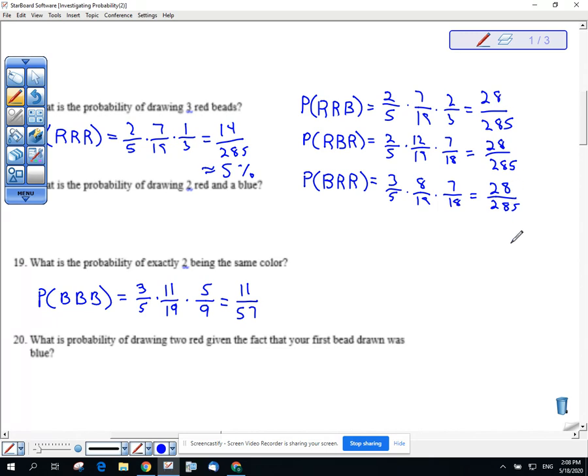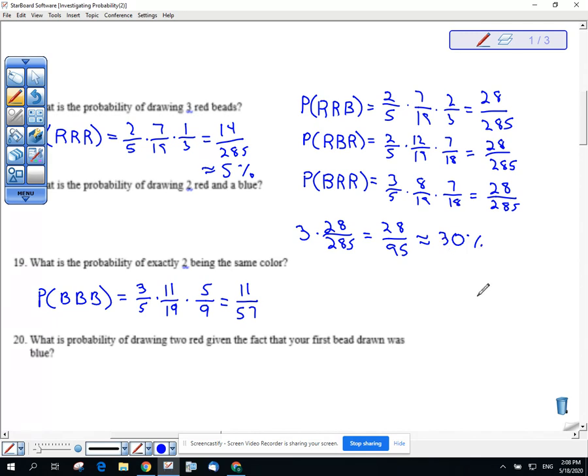So you could add these three fractions together, or in fact, probably the easier thing to do would just be to go 3 times 28 out of 285, since it's the same fraction each of the 3 times, which does multiply and then reduce to this fraction, 28 out of 95, which is approximately 30%.